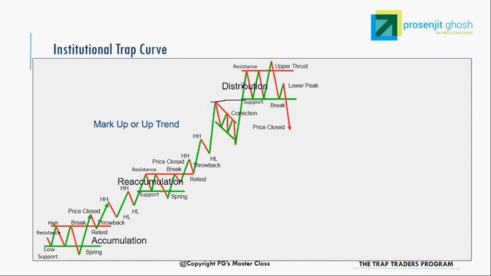And what the institutions start doing, the price starts moving in a sideways mode, and then they shoot the price up, break the resistance, and the price moves up. By this, the breakout traders, I love them. I really like them. They just jump in. I call them jumping traders.